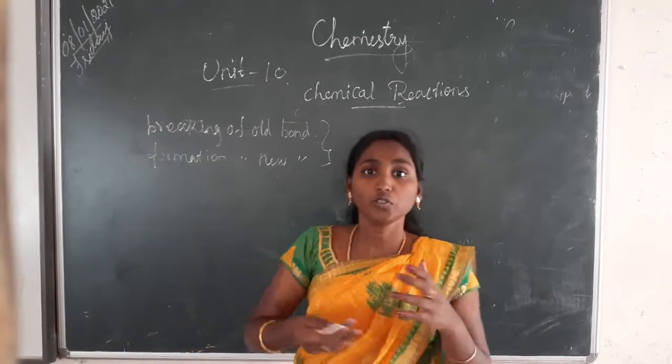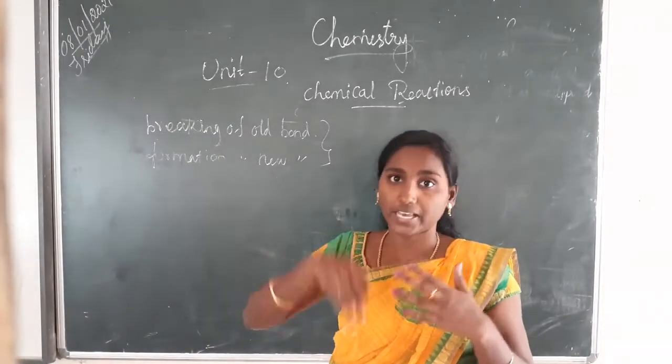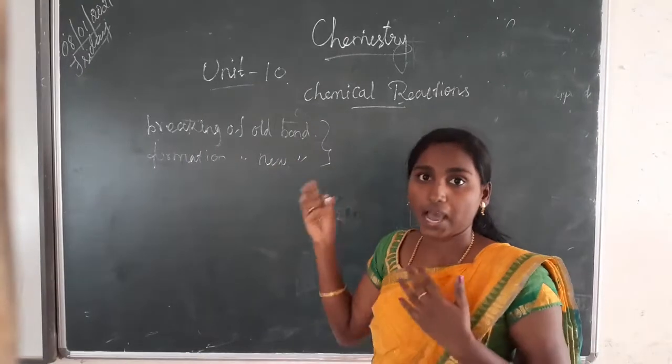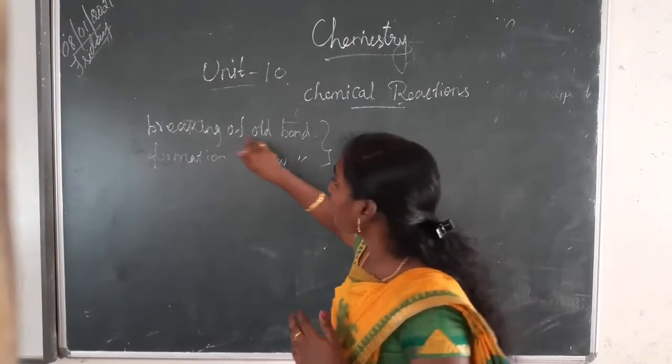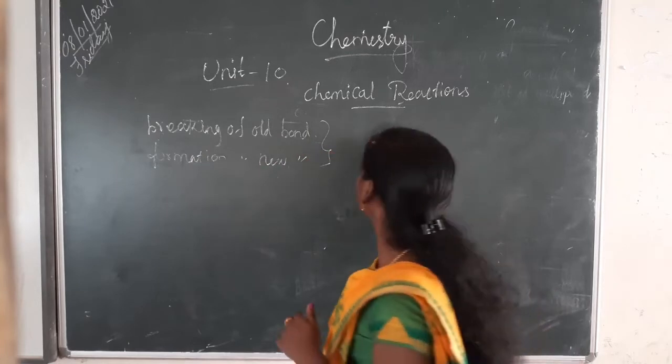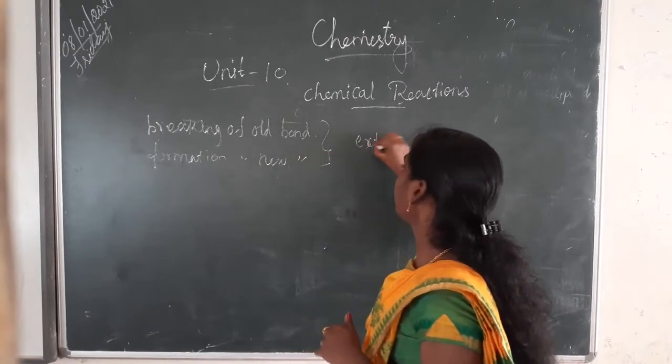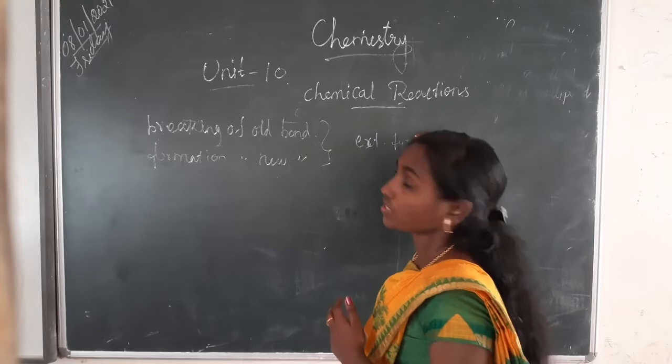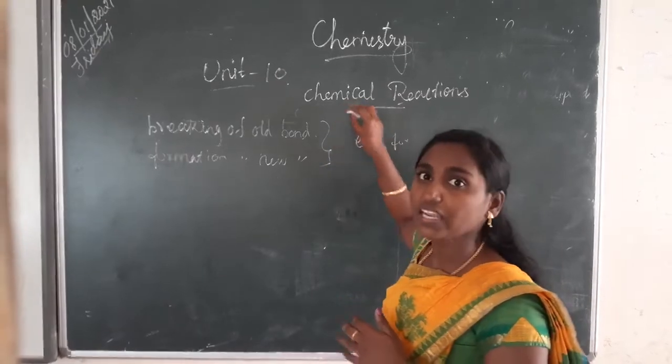That means due to applying some energy, this will happen. So breaking of old bonds and formation of new bonds due to any external force is called a chemical reaction.